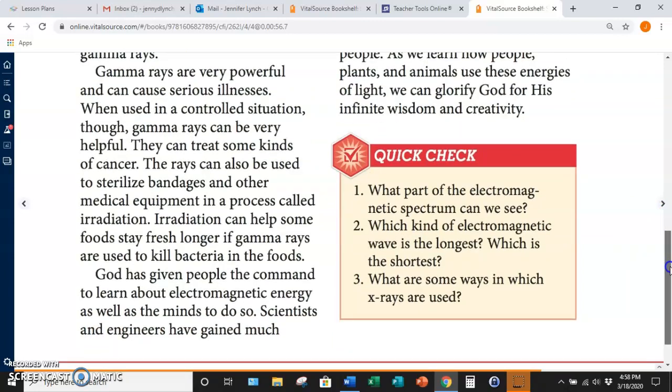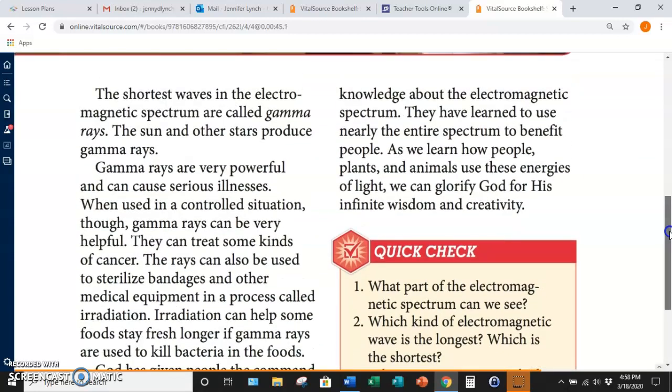God has given people the command to learn about electromagnetic energy as well as the minds to do so. Scientists and engineers have gained much knowledge about the electromagnetic spectrum. They have learned to use nearly the entire spectrum to benefit people. As we learn how people, plants, and animals use these energies of light, we can glorify God for his infinite wisdom and creativity.